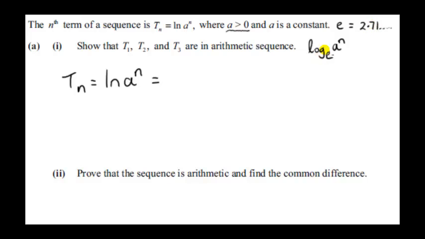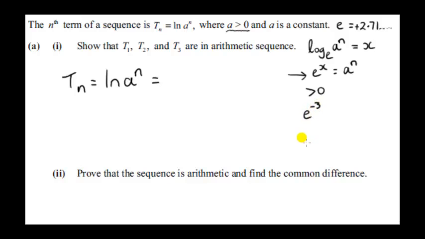Let's suppose that ln of a to the power of n is x. So what does that mean? It means that e to the power of x is the argument of the log function, which is a to the power of n. Now, since e is a positive number, 2.71, etc., e to the power of any number x is going to be positive. For example, if x is minus 3, we get e to the minus 3.